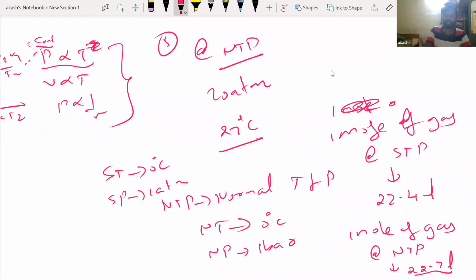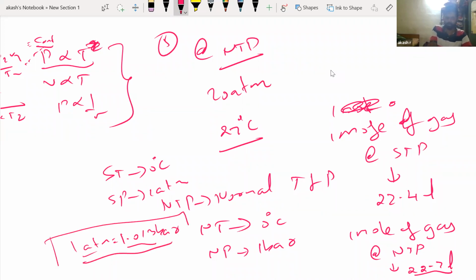Why is there a minor change? Because 1 atm is equal to 1.013 bar, almost 1. This is the conversion. So 1 mole of any gas at STP will occupy 22.4 liters, and 1 mole of any gas at NTP will occupy 22.7 liters.